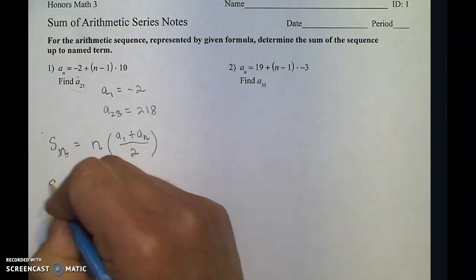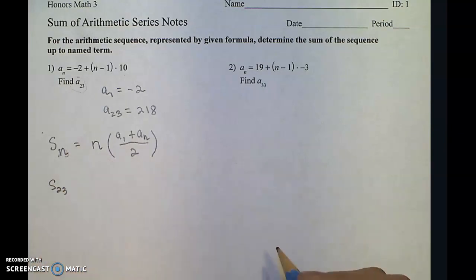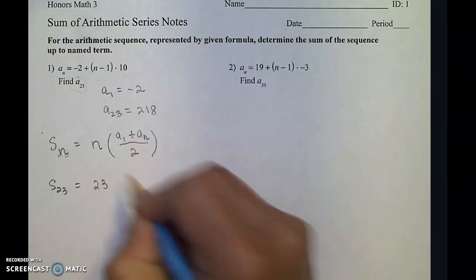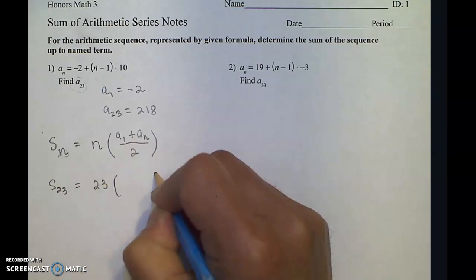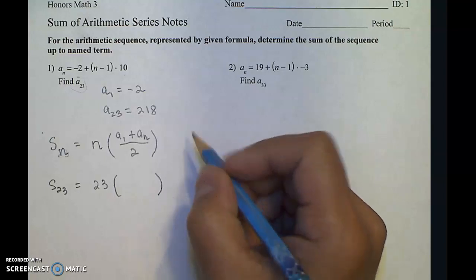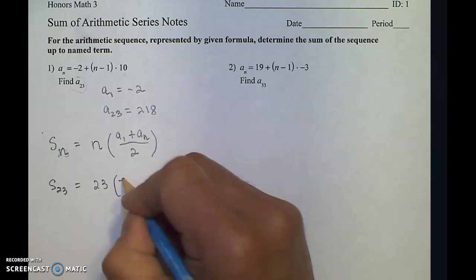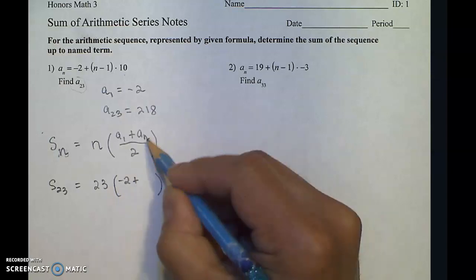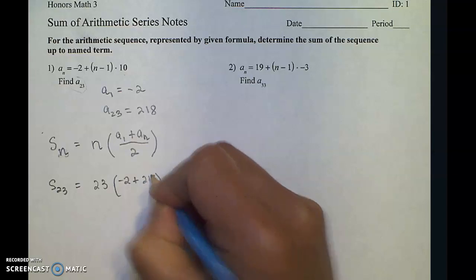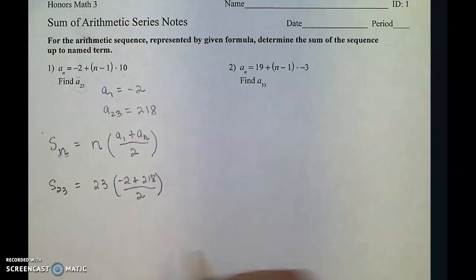Using the formula, sum of the first 23 terms of this sequence. Again, the nice thing about formulas is that you just plug values in that are required. So a sub 1 is -2. A sub n, 23rd term we found is 218, and divided by 2.